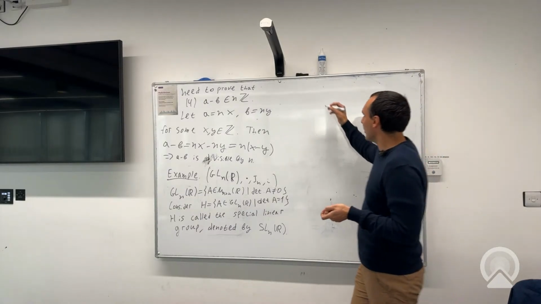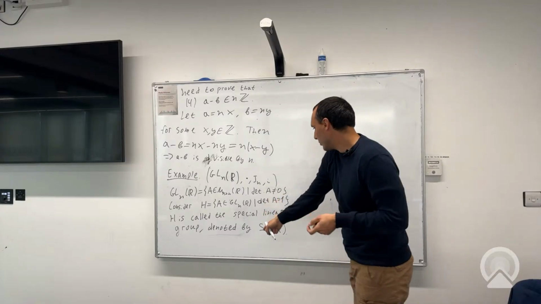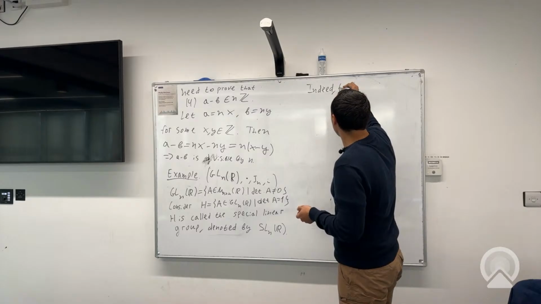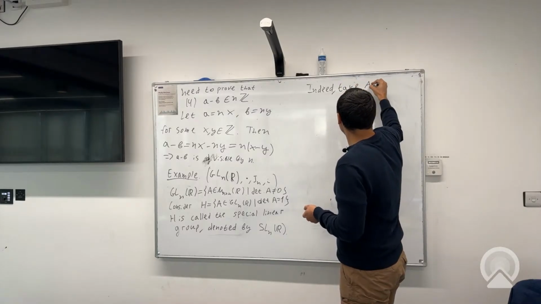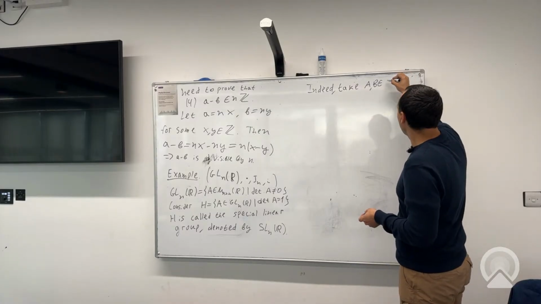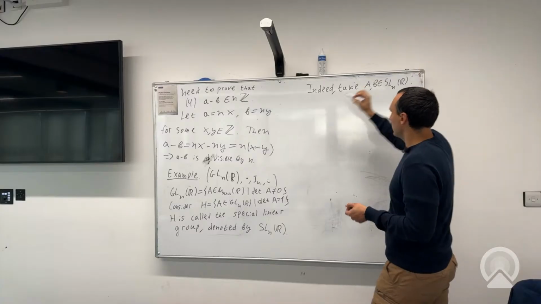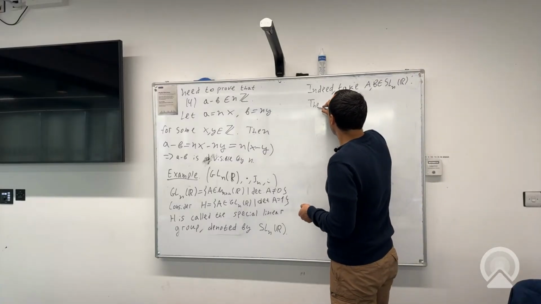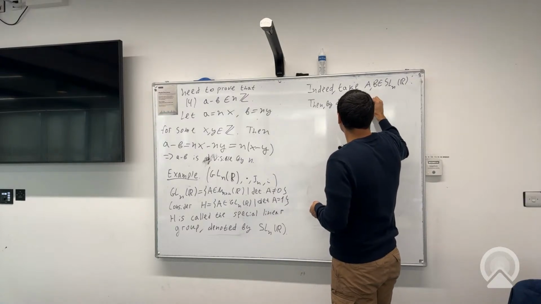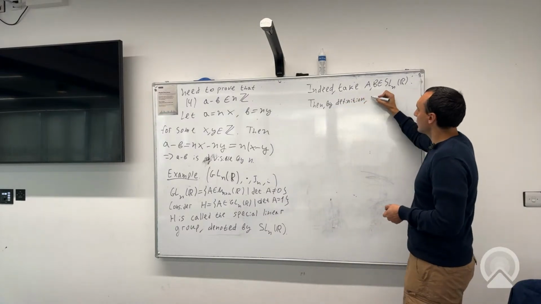Well, okay, indeed. So we have to prove that this is a group. Take A and B in the special linear group. Then, by definition, the determinant is equal to 1.